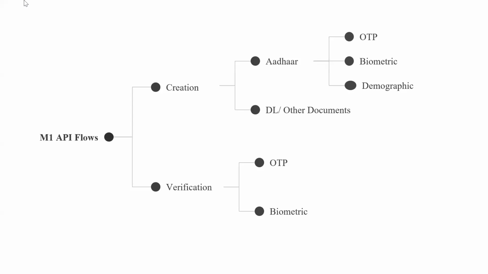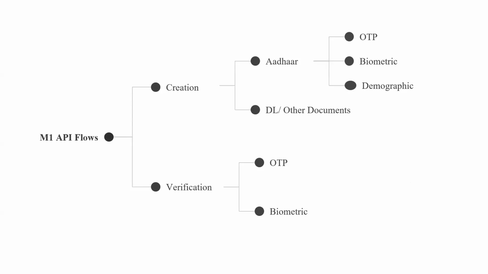Hello everyone. As Gurpreet was telling all of you about the M1 APIs, M1 APIs are divided into 2 sections. One is the creation flow and one is the verification flow. These are the broad user journeys. In ABHA, a user can either create their health ID or verify or log in to their health ID.